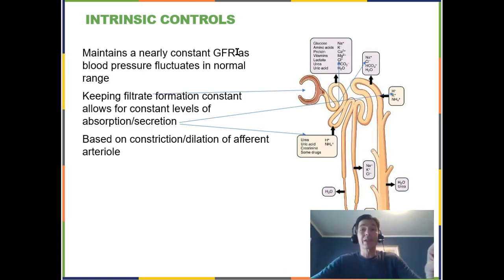This is where your kidney is trying to keep your filtration rate constant, so all of the tubular reabsorption and tubular secretion can run at a constant rate. Both of our intrinsic control mechanisms work by causing either vasoconstriction or vasodilation of the afferent arteriole. So you're controlling how much blood goes into the glomerulus and therefore the blood pressure in the glomerulus. And that's what determines how much fluid leaks out in the glomerulus versus stays in the glomerulus.